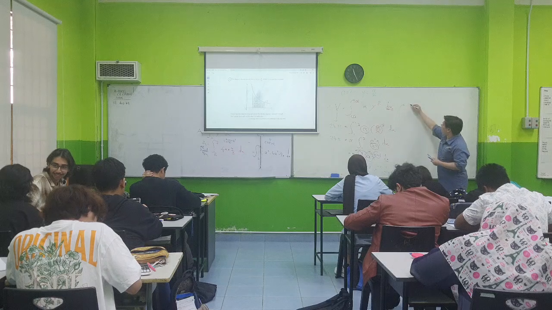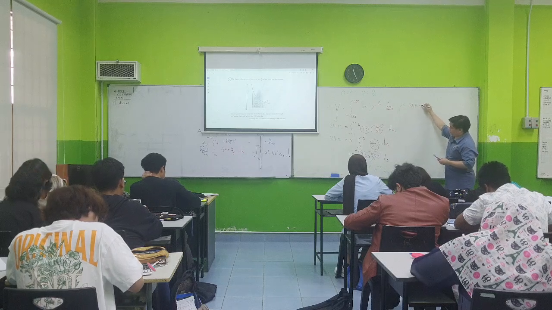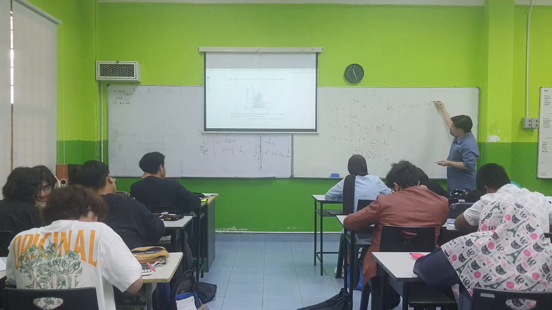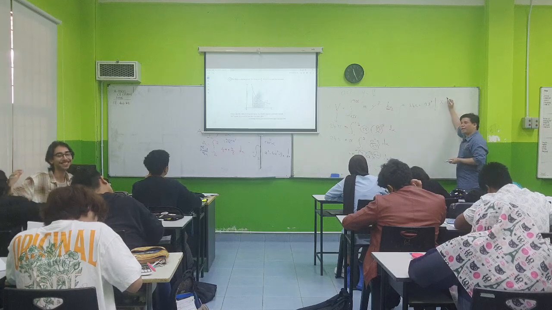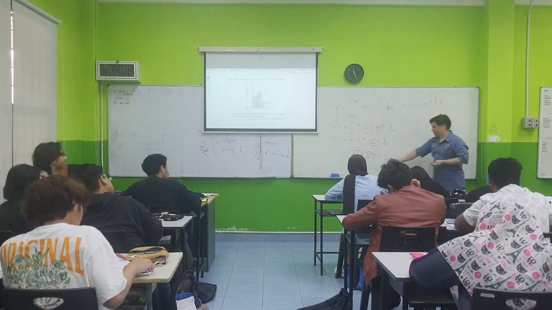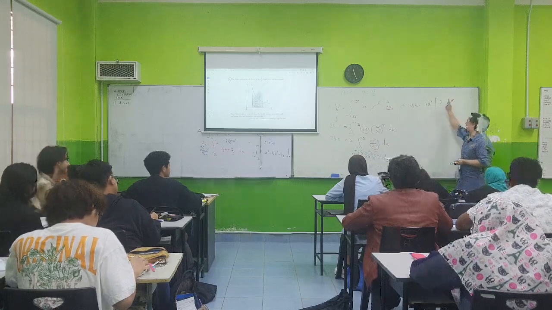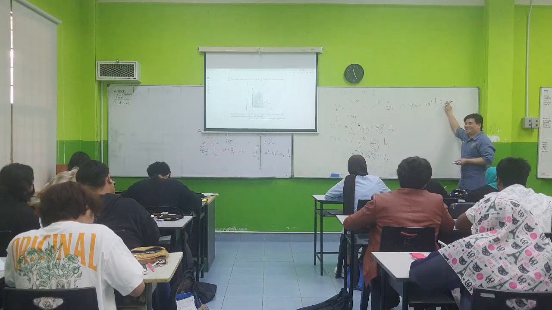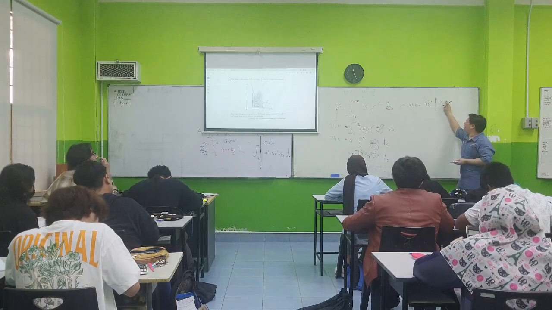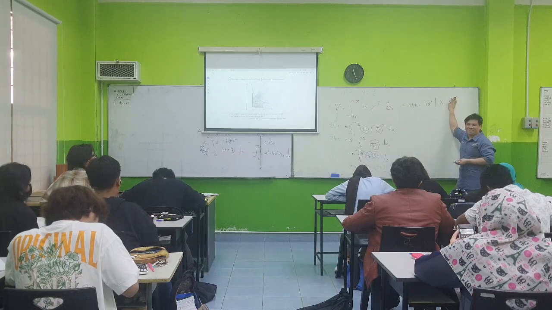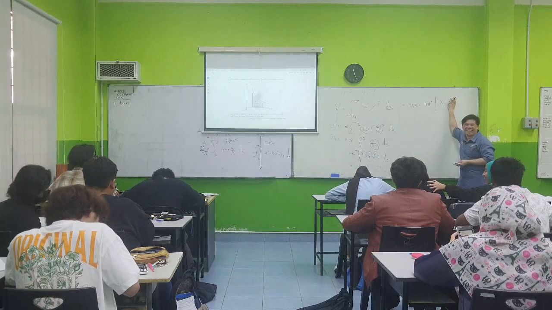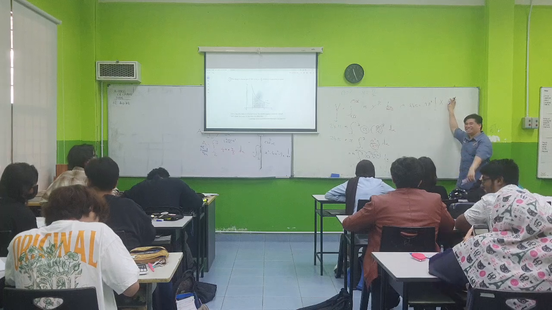24 pi equals pi a squared. Now you start to integrate. Power negative. Integrate x to the power of negative 2. How much do you get? Relax.